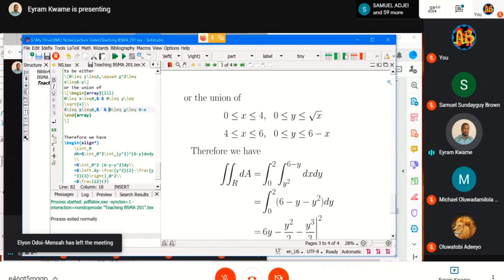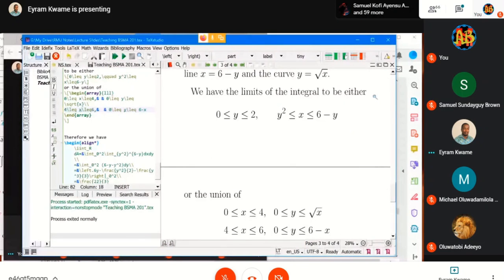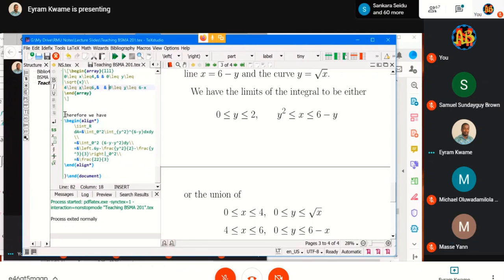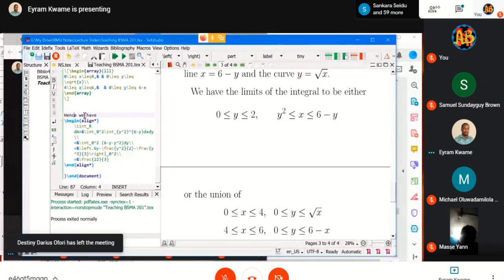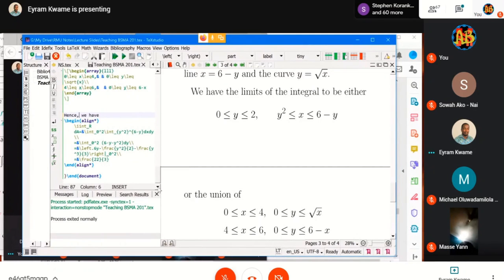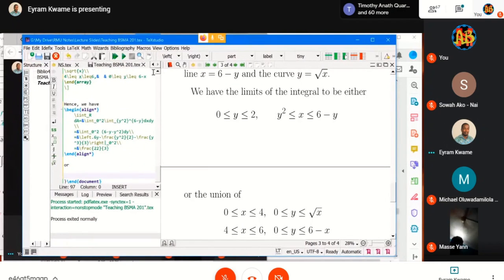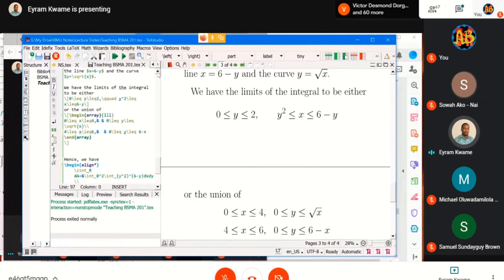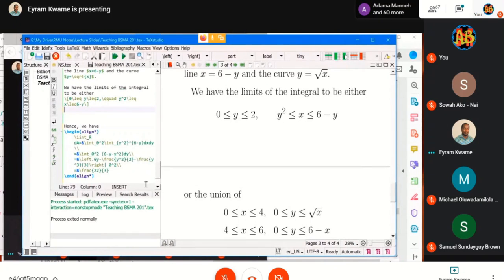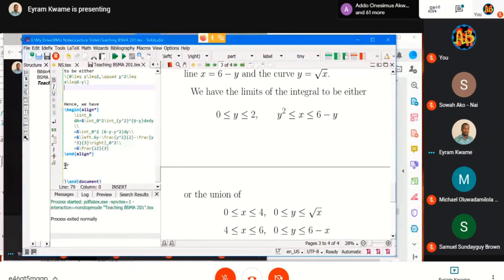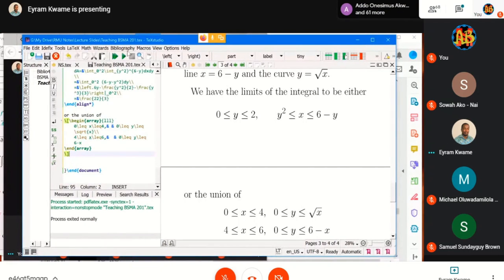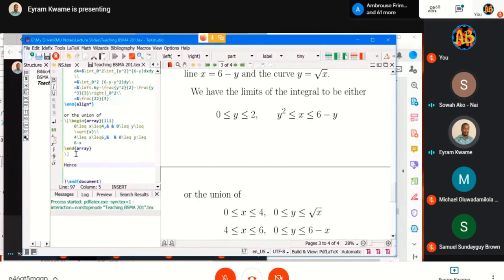We have the limits of the integral to be either this, hence we have this, or anybody has an integral, just do one of them.